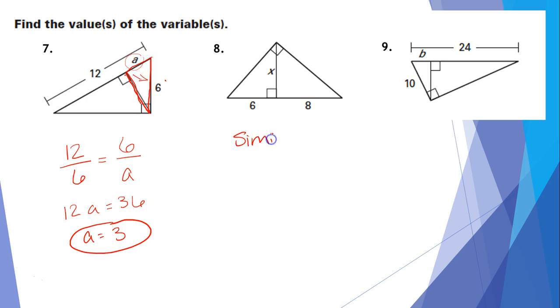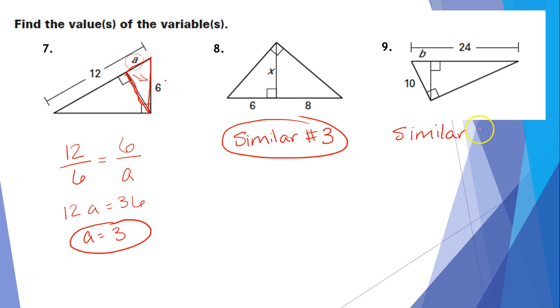And then this one right here, number 9, is very similar to number 7. So take a quick look at that and compare the two of them and follow how I did each of these to help you in figuring out these variables that you're asked to find here.